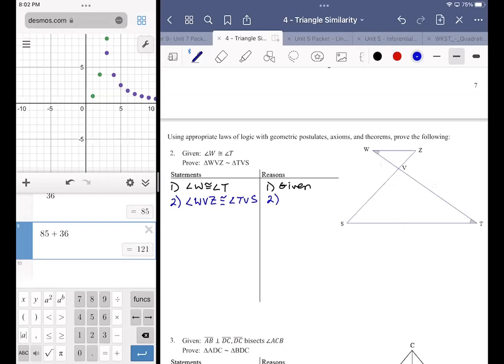So intersecting lines form vertical angles, and vertical angles are congruent.